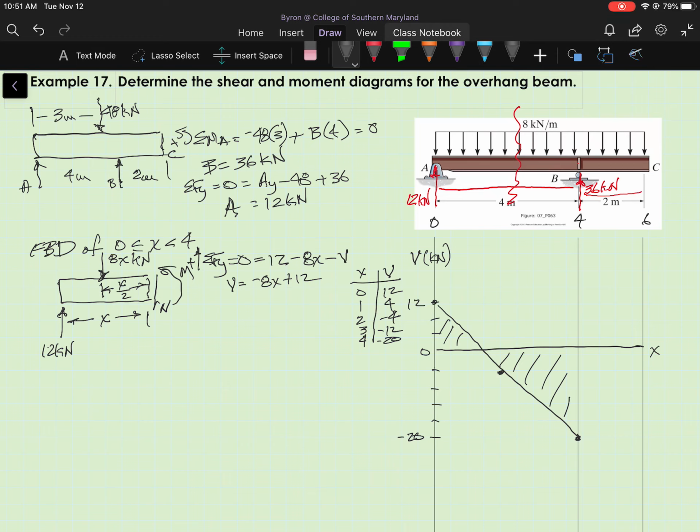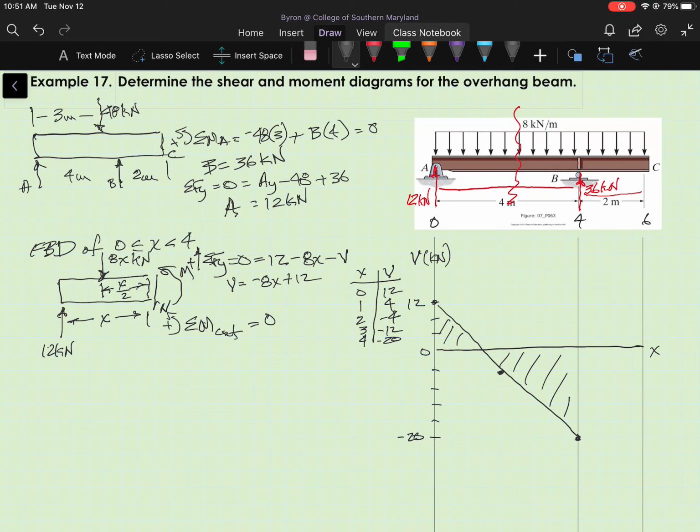Now I'm going to use the free body diagram and my moment equation to express the bending moment as a function of x. So I'll go back to my free body diagram. I'll sum moments about the cut and set those equal to 0.